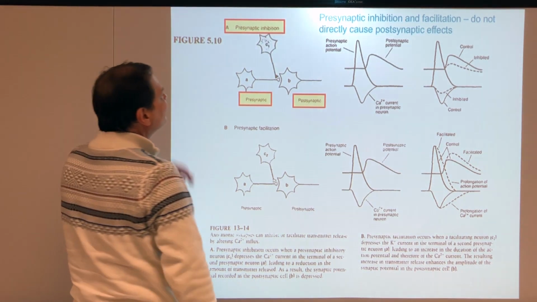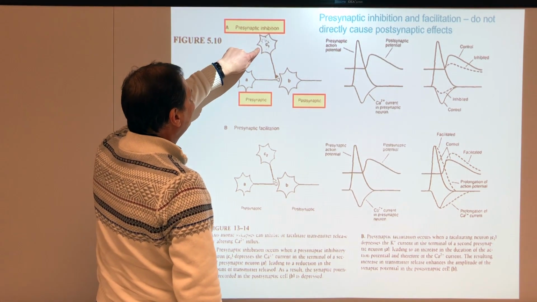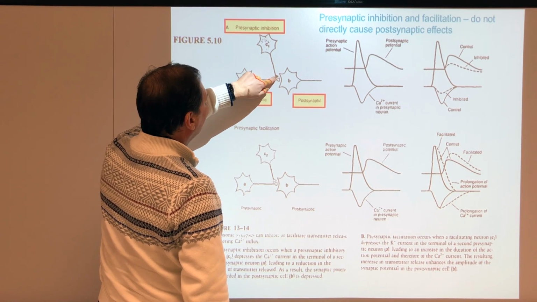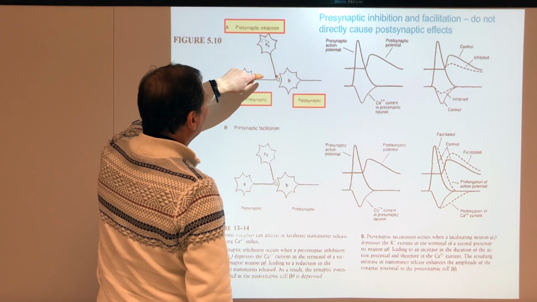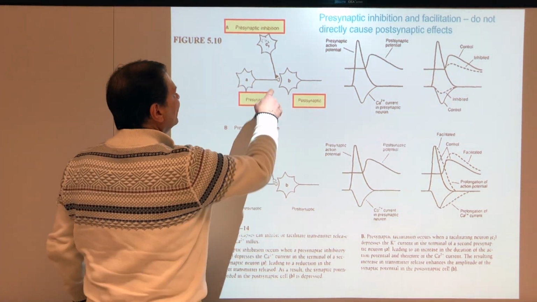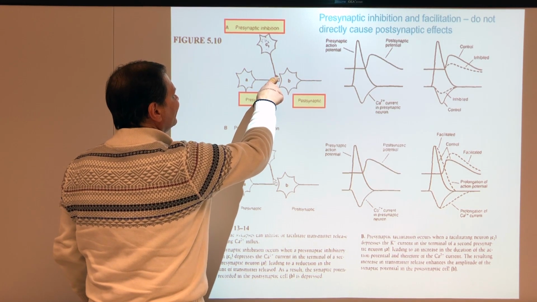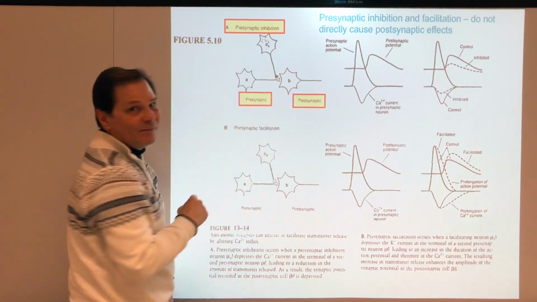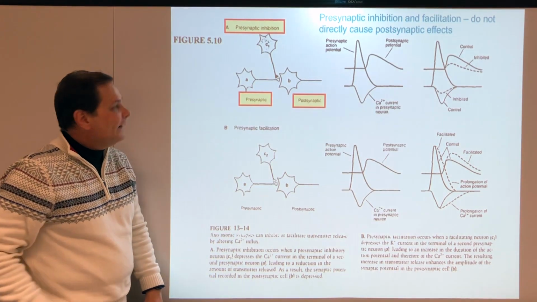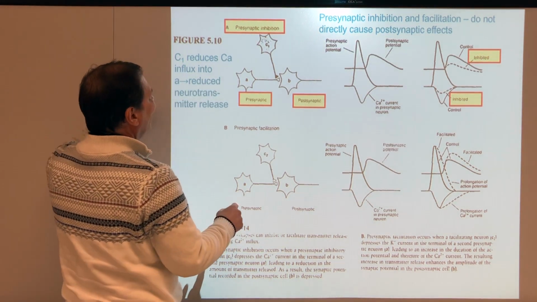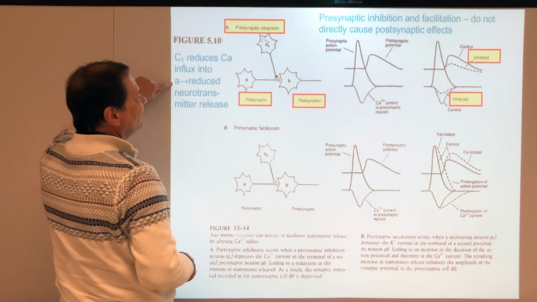Your C, C1 in this case, forms an inhibitory synapse on the membrane of the presynaptic neuron. So neurotransmitter release from here to here does not do anything directly to this membrane, but it does affect the presynaptic membrane, okay? And it affects the presynaptic membrane in such a way that it reduces calcium influx.